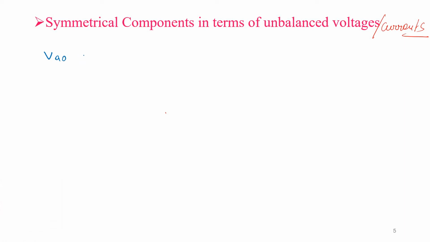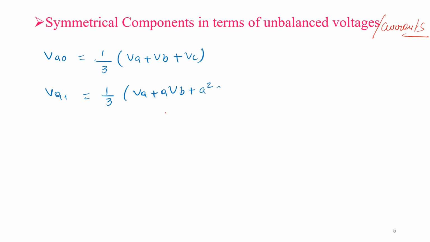VA0 is equal to 1 by 3 times of VA plus VB plus VC. VA1 is equal to 1 by 3 times of VA plus A VB plus A square VC. VA2 is equal to 1 by 3 times of VA plus A square VB plus A into VC.